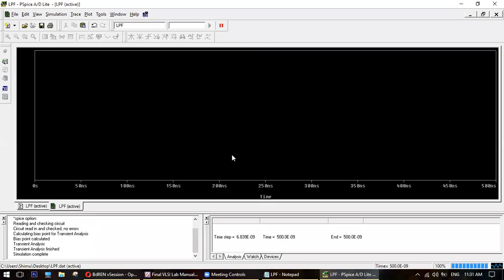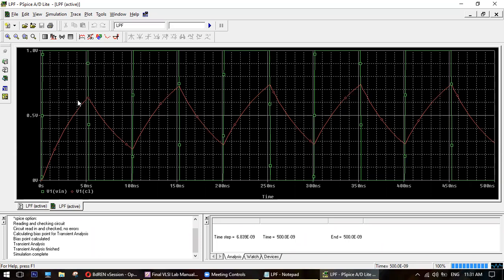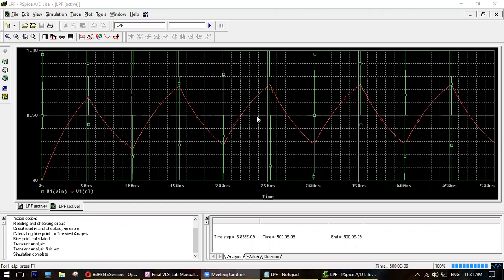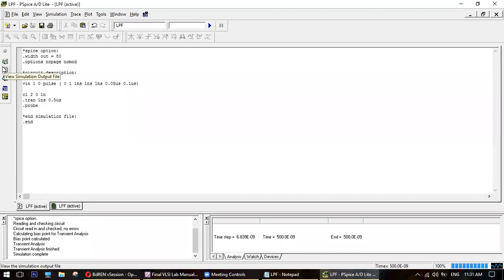Now it is 10 megahertz. See, your output has become even smaller. Previously, it was a bit bigger. Now it is even smaller. Got it? So the more you increase the frequency, the smaller your output will be.